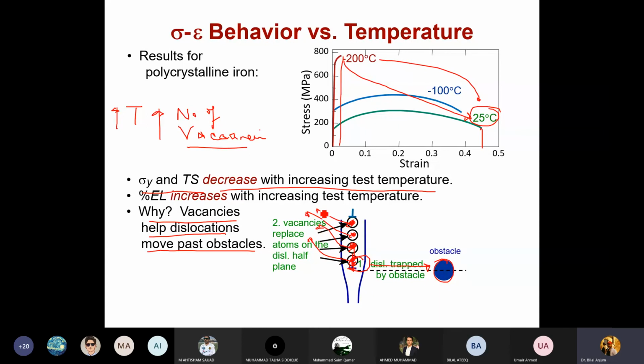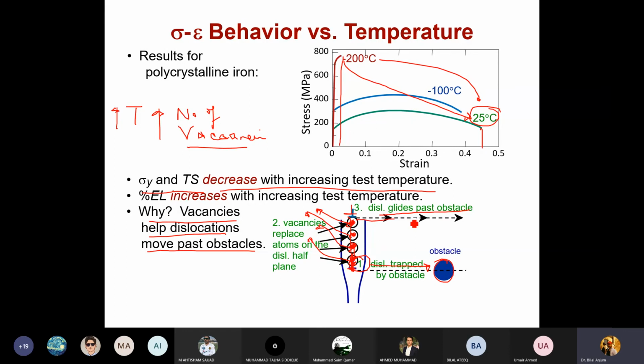And these vacancies would now create an alternate path for the dislocation. So the dislocation would move upwards over here and glide past the obstacle on a parallel plane.